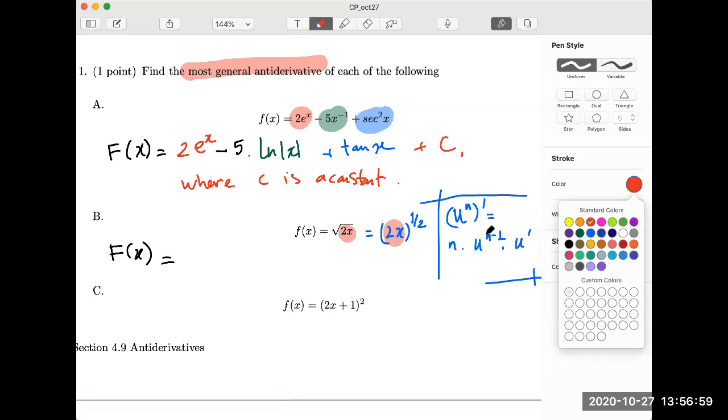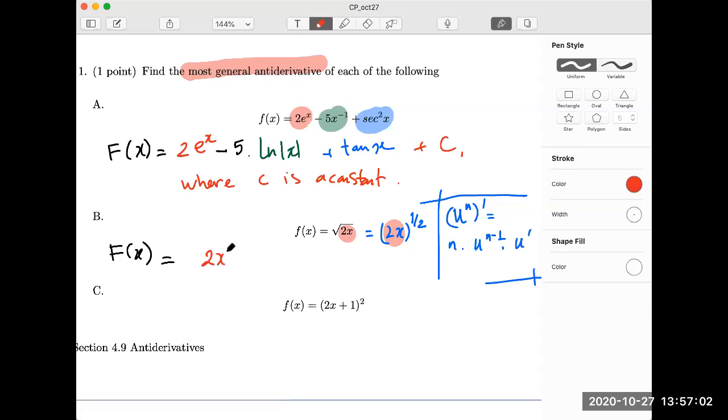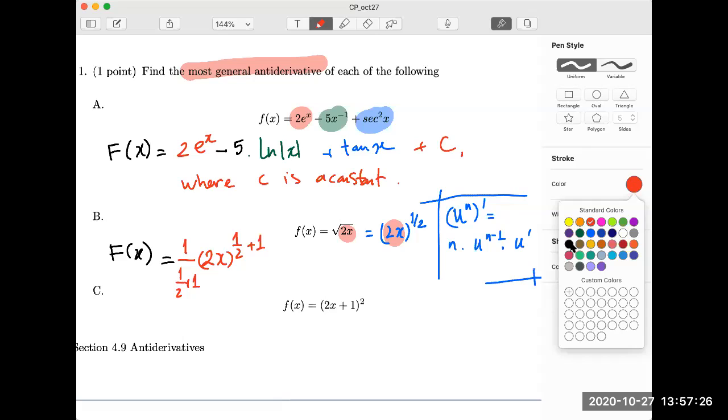Then we could write it as 2x to the 1/2 plus 1, right? We increase the power 1 unit here. And then divided by this. What else do we need to do?